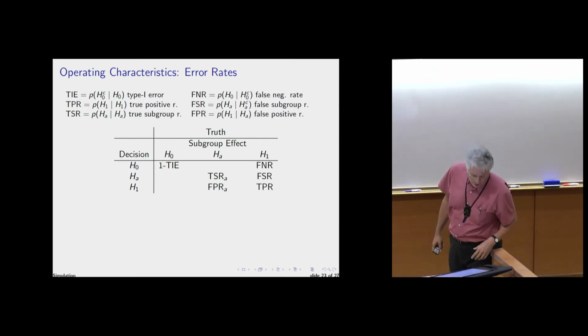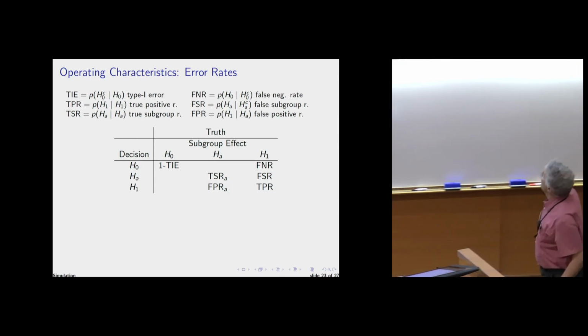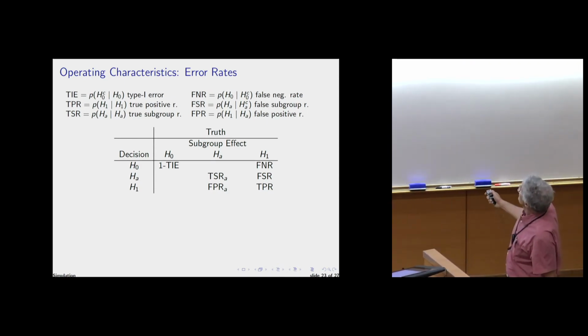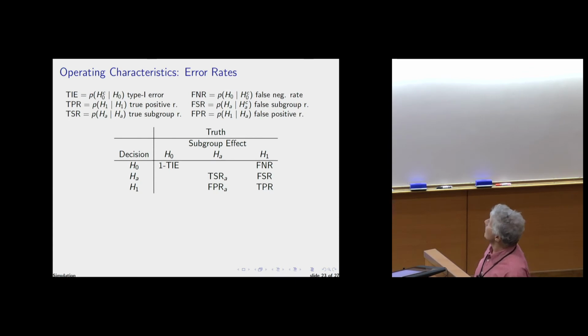So the very first one here on the left is simply type 1 error. Then this one is simply what I call vanilla power. This is the probability of reporting H1, that it works equally well for everyone, given that H1 is truly true, that it is truly working for everyone equally.